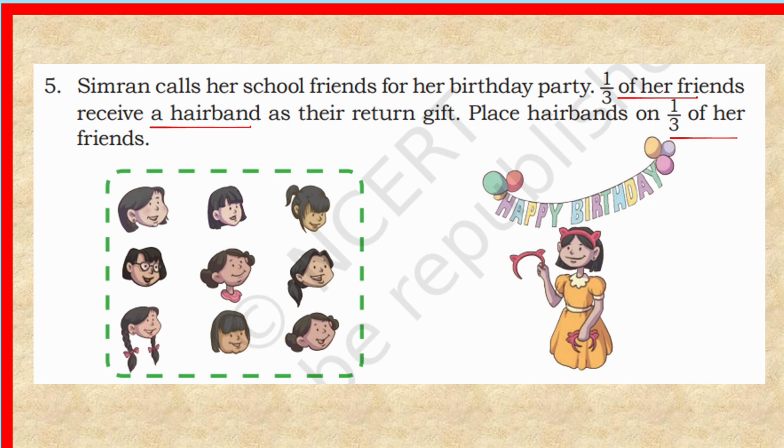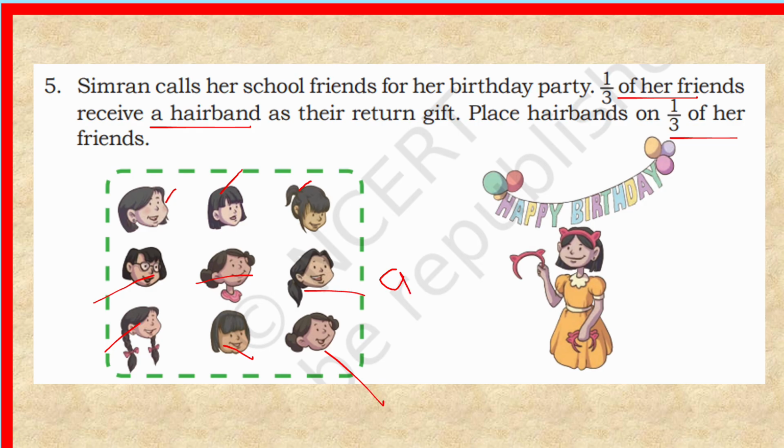See this picture? How many friends are there? 1, 2, 3, 4, 5, 6, 7, 8, 9. Total 9 friends. 1/3 of her friends receive hairbands. So what is 1/3 of 9?